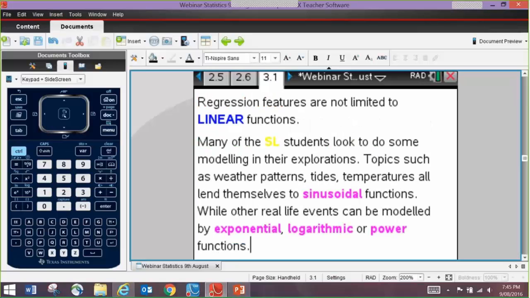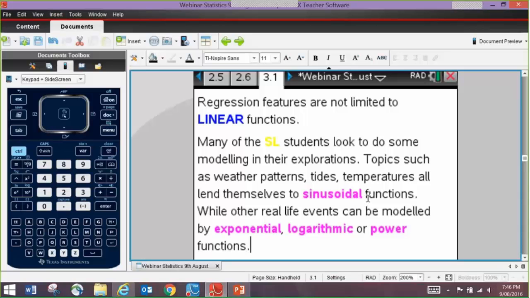One of the really common regressions is the sinusoidal functions. Things like tides and weather patterns and temperatures all lend themselves to those sorts of sinusoidal functions.